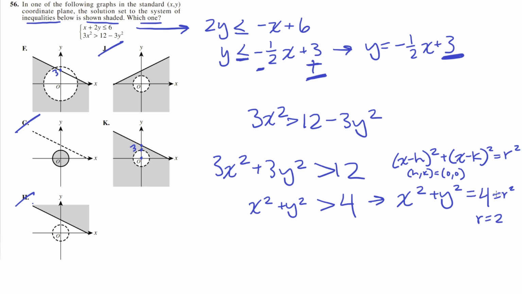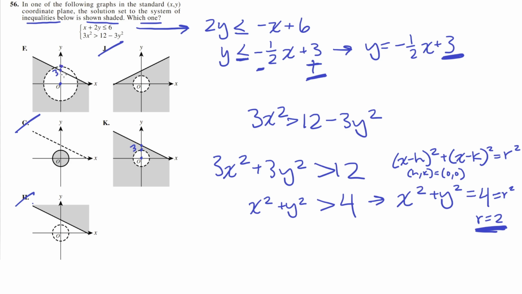And we know that the radius of our circle is 2, which means that the circle should not be above the line. And in F, we see that the circle from the center to the outer edge is above the line right here.